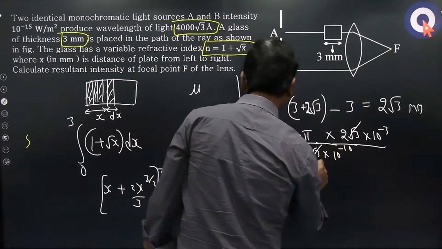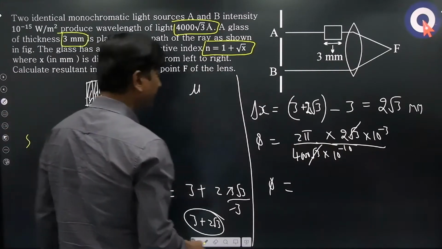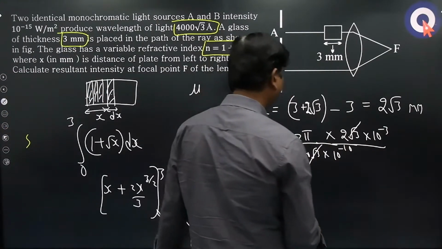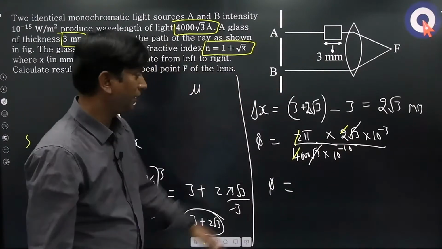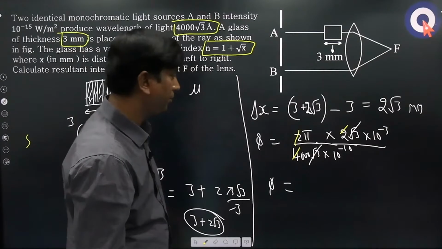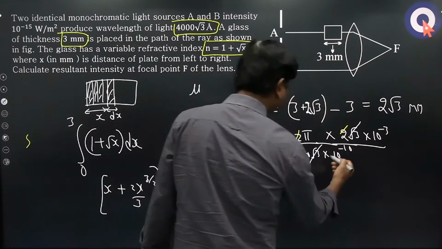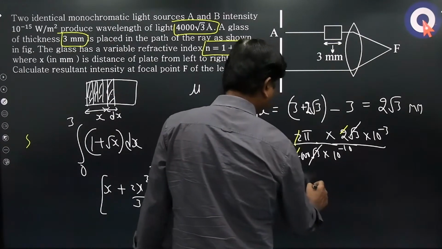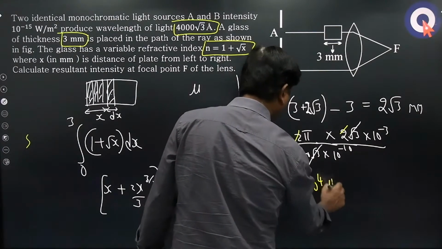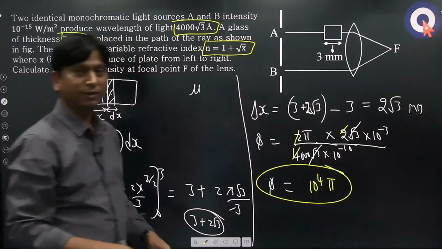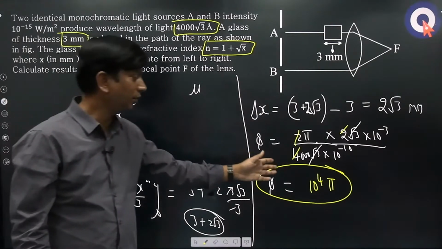Root 3 cancels. Calculating, 10 power minus 7 goes up to 10 power plus 7, so the phase difference is 10 power 4 into pi.